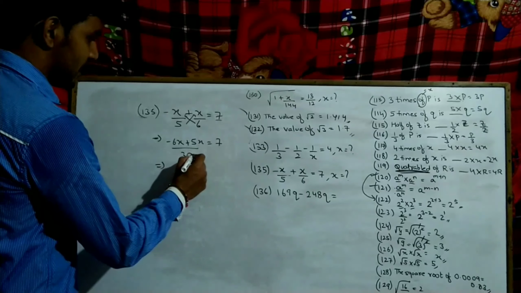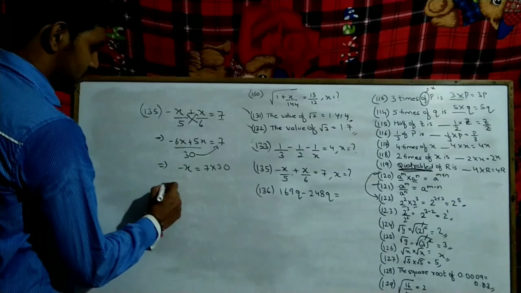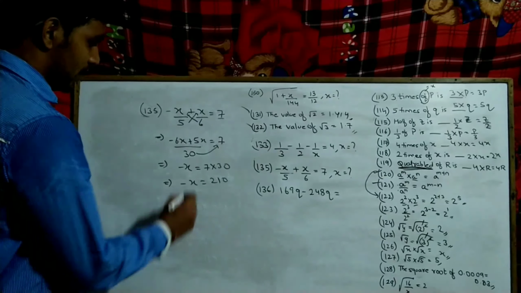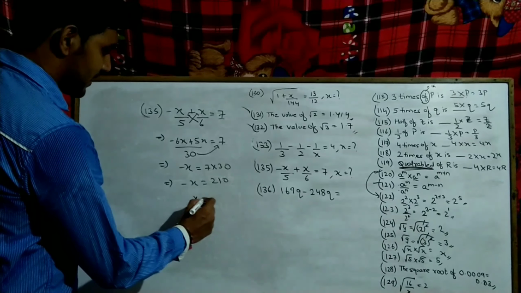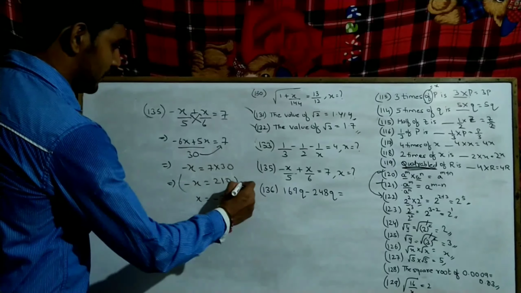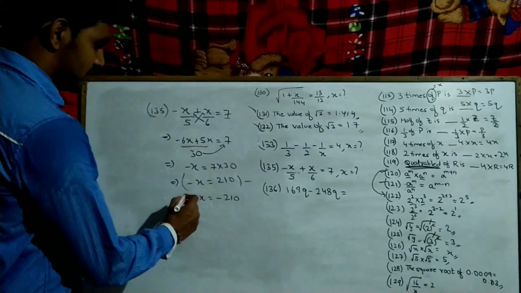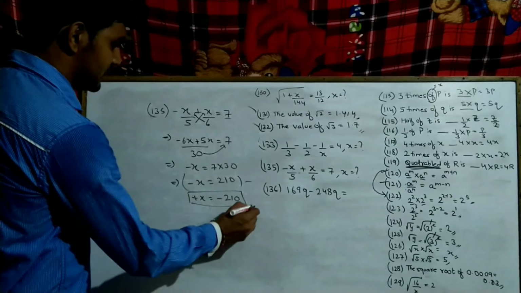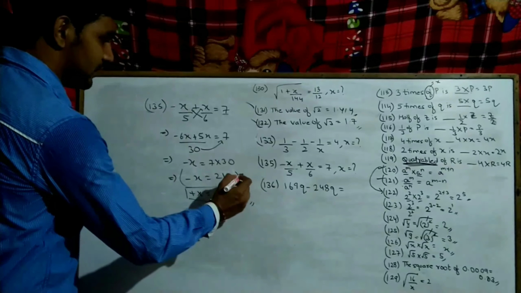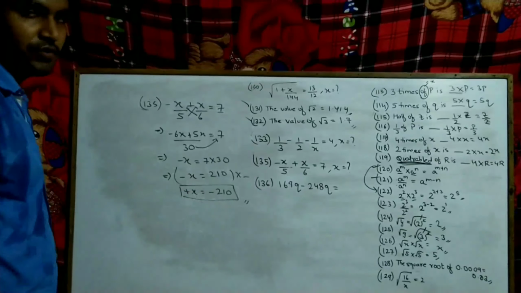Is equal to this 30 going that side becomes multiply. 7 into 30. So minus x is equal to 210. Okay. Now if this minus goes that side then minus 210, because if I multiply the total by minus then it becomes plus and this becomes minus. So x is equal to minus 210.